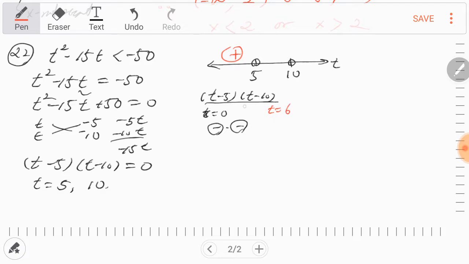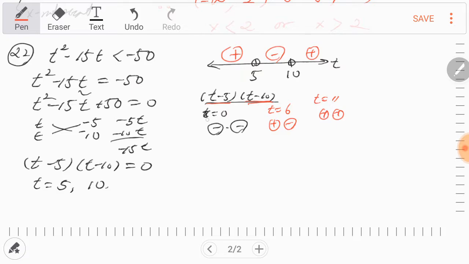Then 6 minus 5 is positive. 6 minus 10 is negative. The product is negative. All right, if t is greater than 10, let's use 11. Then 11 minus 5 is positive. 11 minus 10 is positive. The product is positive.